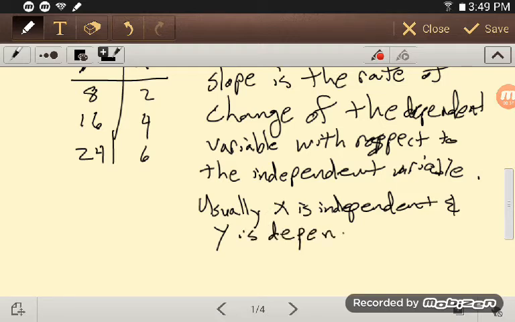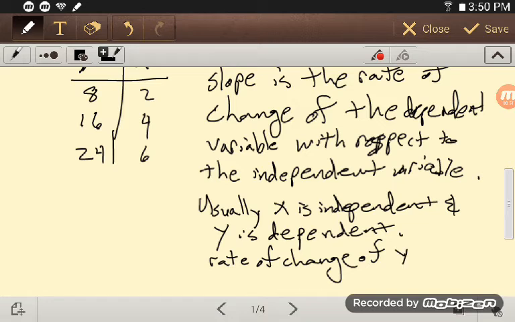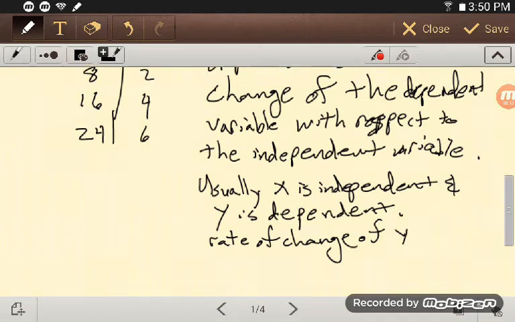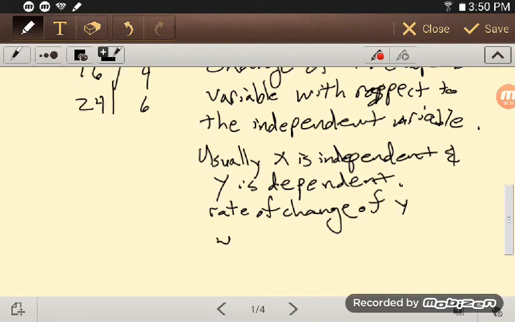So typically, when we're talking about slope, we're talking about the rate of change of y with respect to x.